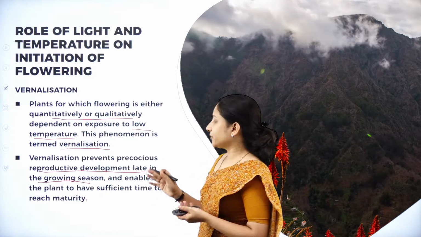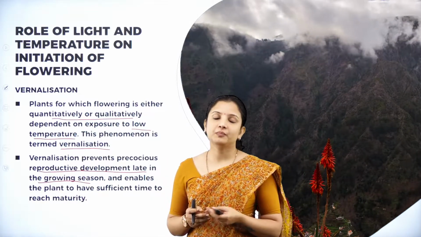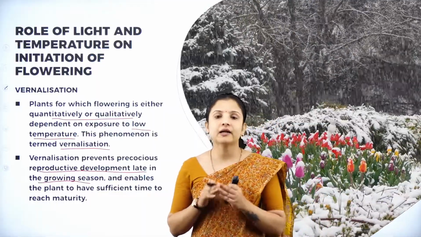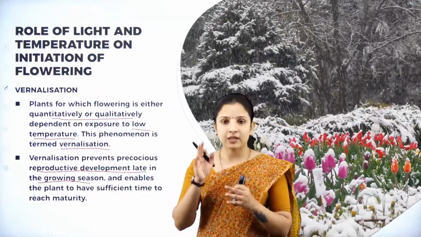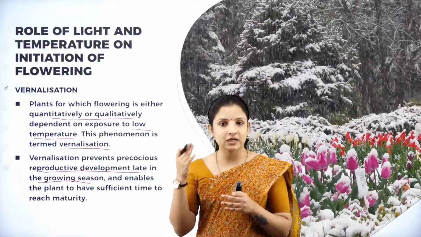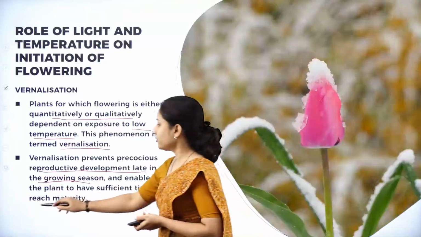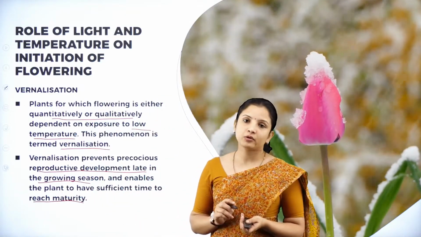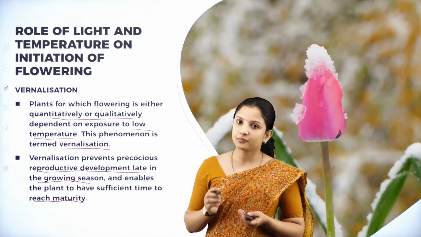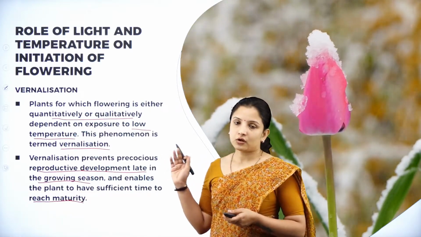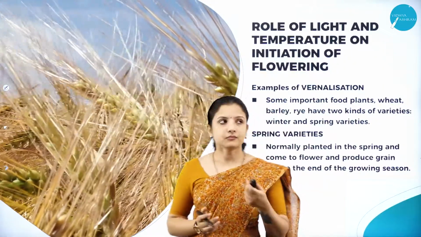If the temperature is not suitable, vernalization will delay the reproductive development of the plant and therefore delay the plant from reaching maturity very fast, so that the plants can have enough time to reach maturity and to flower when the favorable or optimum temperature required for that particular plant is available. That is one of the concepts of vernalization.